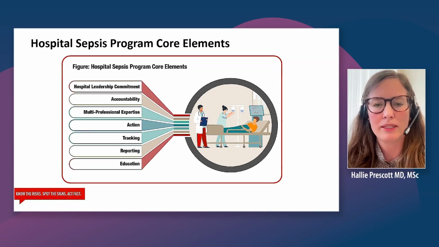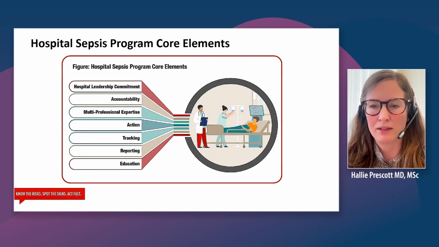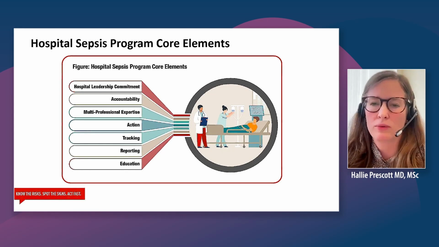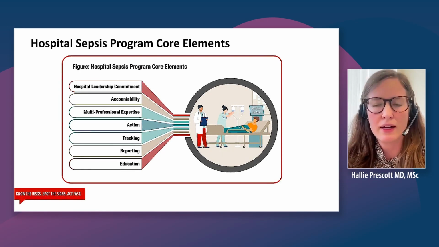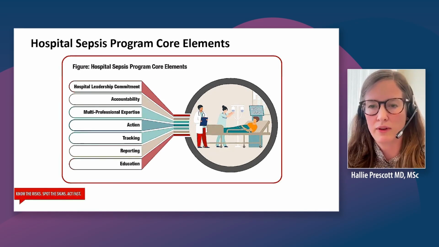The next 2 elements, tracking and reporting, go hand in hand. This refers to measuring outcomes, management, and impact of hospital sepsis interventions, and then reporting those back to relevant stakeholders. And the final element is education, and this refers broadly to education of hospital staff, as well as patients, families, and caregivers. Next slide.